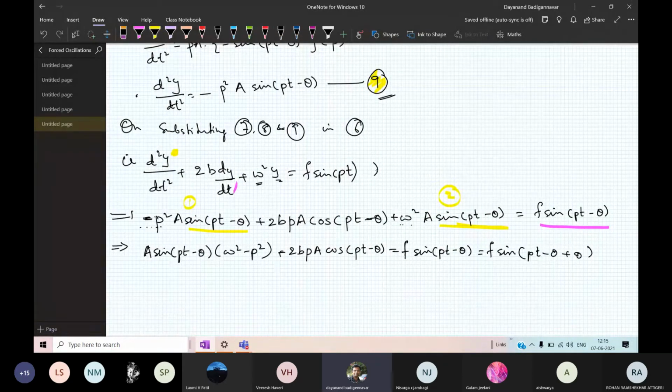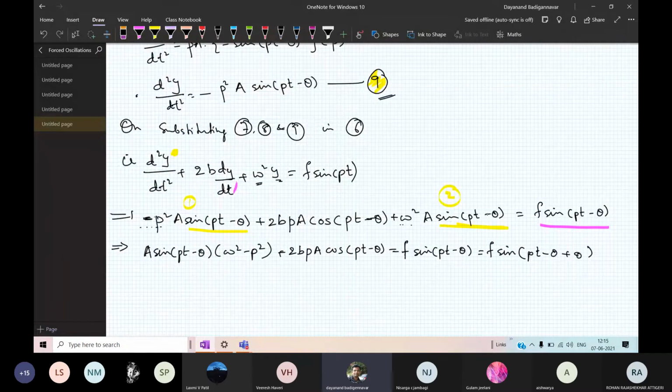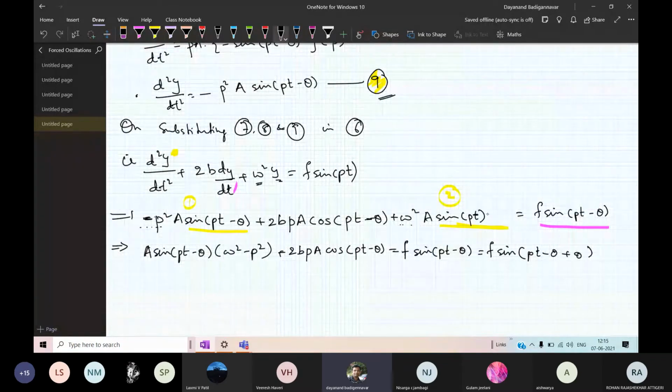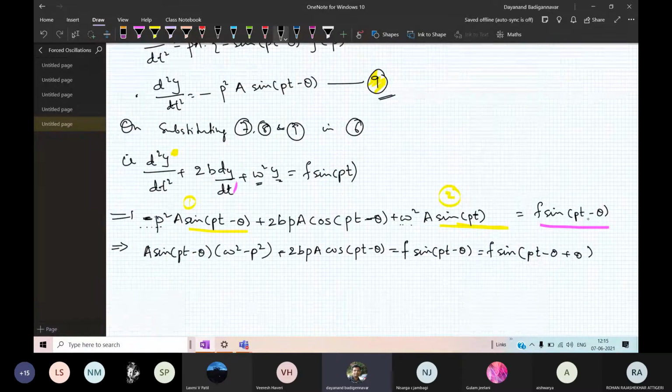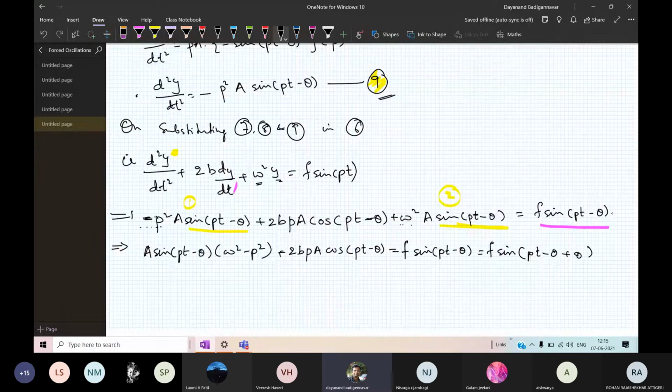So this is equation number 6, therefore it is sine pt. Sorry, I just made a mess here.